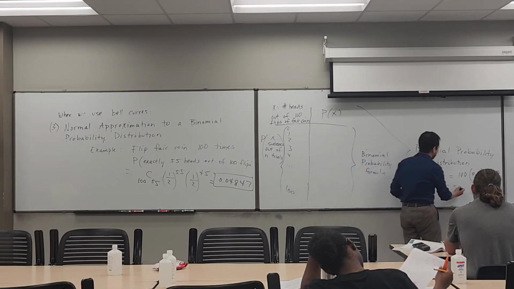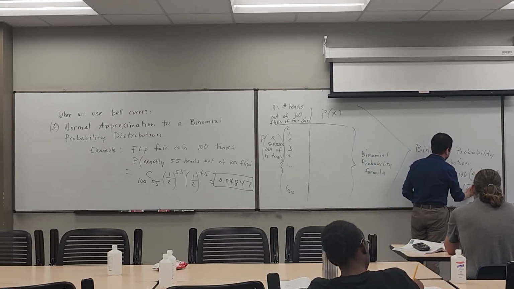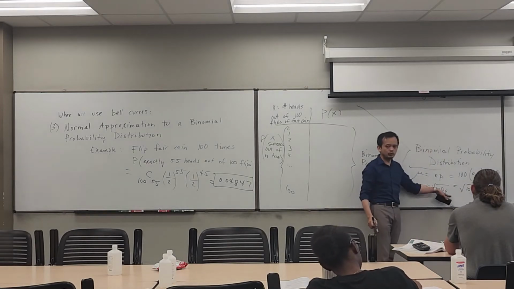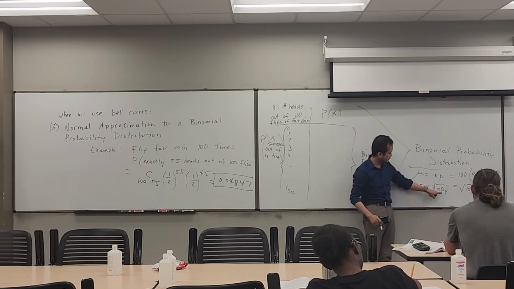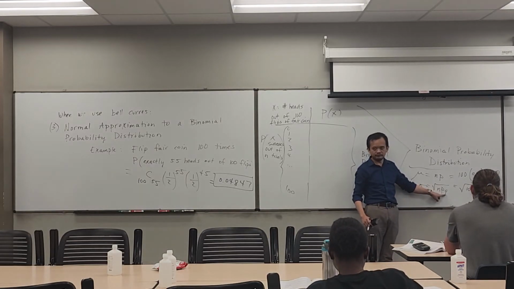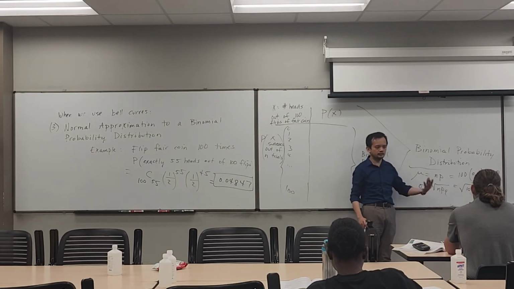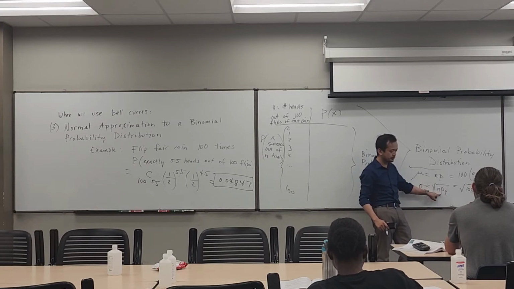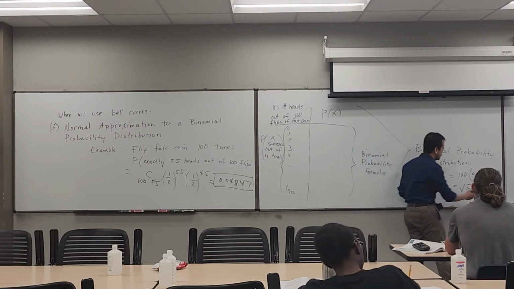The standard deviation will be the square root of 100 times p, which for a fair coin is 0.5, times q. Remember, q is 1 minus p, where if p is the probability of success per flip, q is the probability of non-success per flip. Non-success in this case is tails. So q is 1 minus p, or the probability of tails, which is also 0.5.